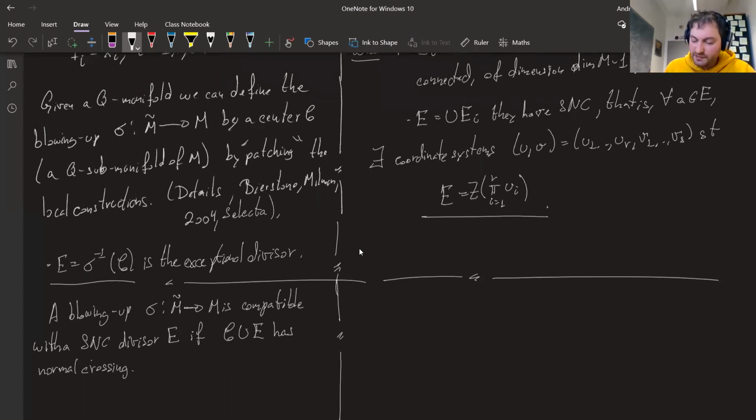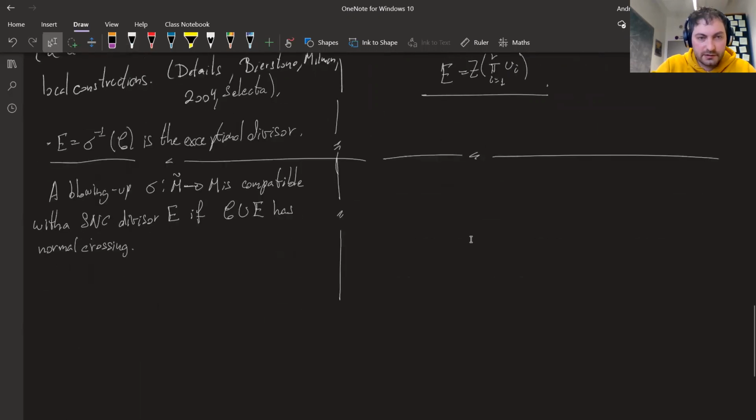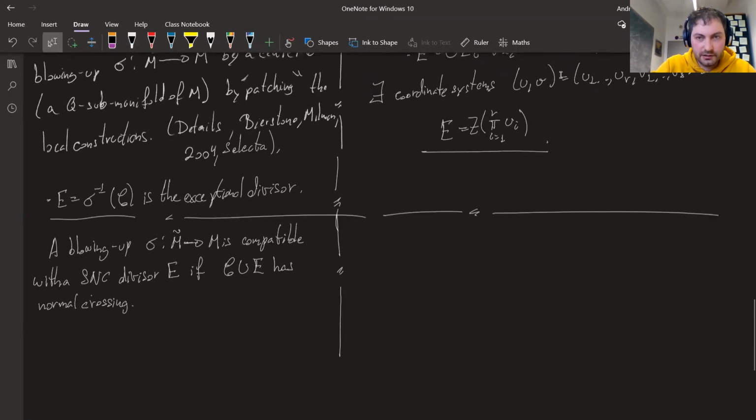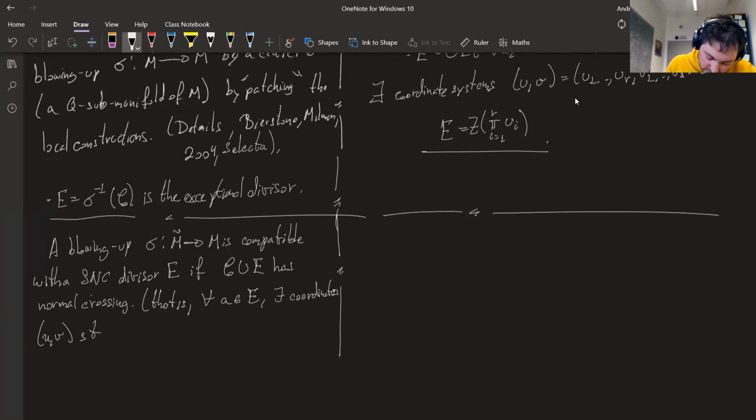I'm not going to note exactly what it means, but maybe I can say, without putting everything again in the coordinate systems, that for every a in E there exist coordinates u, v, just as before, such that the center, besides this information, is going to be given by some of the u's, let me put r prime, and some of the v's.